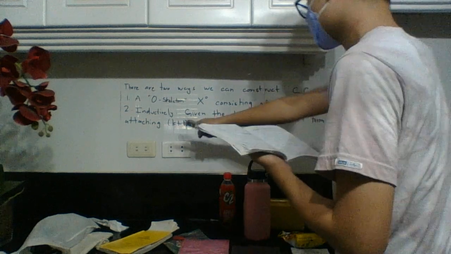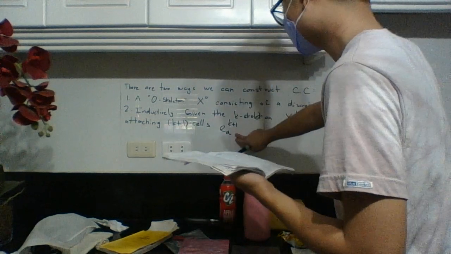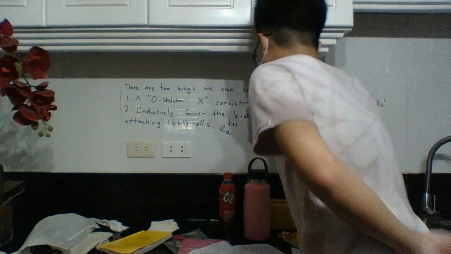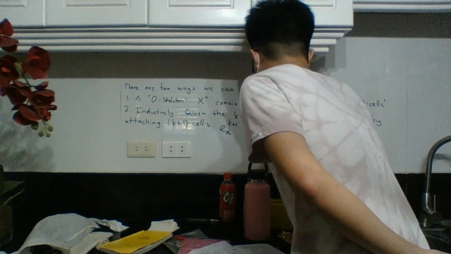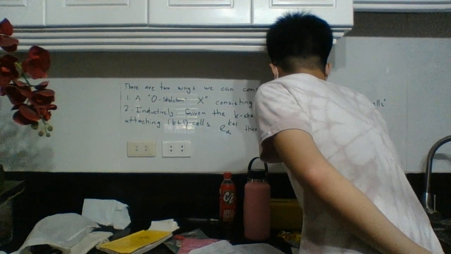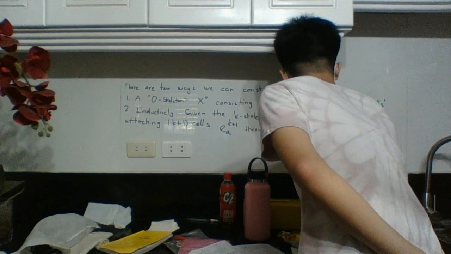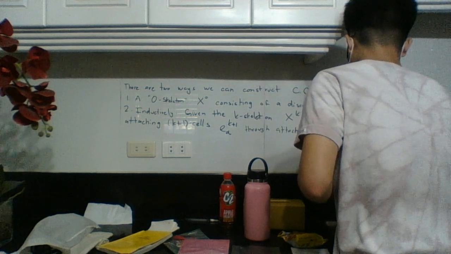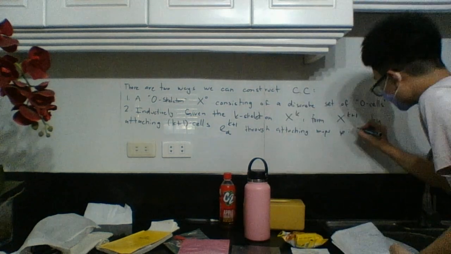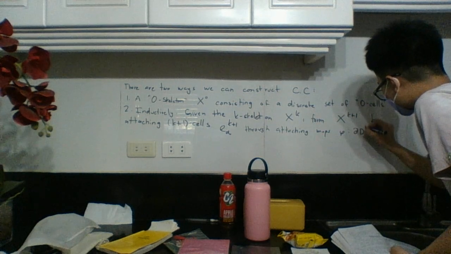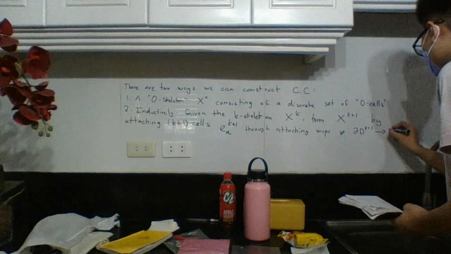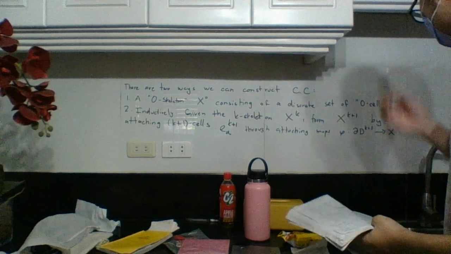Okay, so attaching these k+1 cells, which we'll call E alpha to the k+1, through attaching maps, which we will call phi, that map the boundary of the k+1 disk onto our k-skeleton Xk.